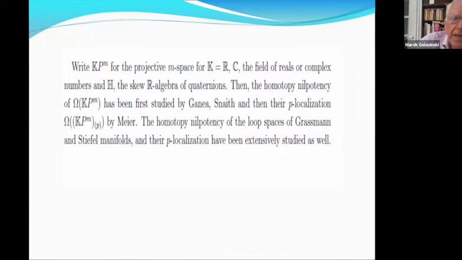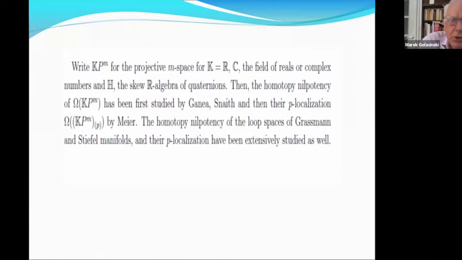And they showed that the homotopy nilpotency of the loop space on real projective space is finite if the dimension of this projective space is odd, but if it is even, then it is infinite.